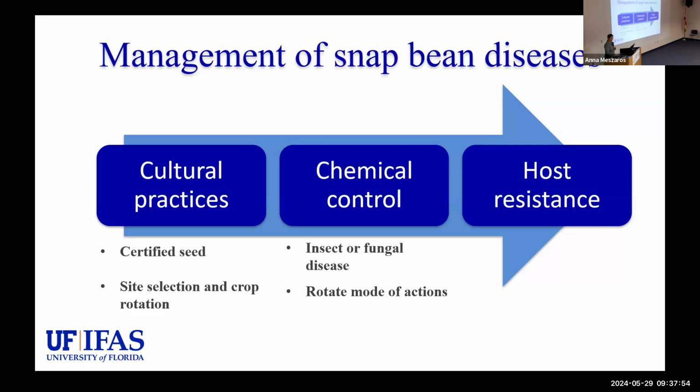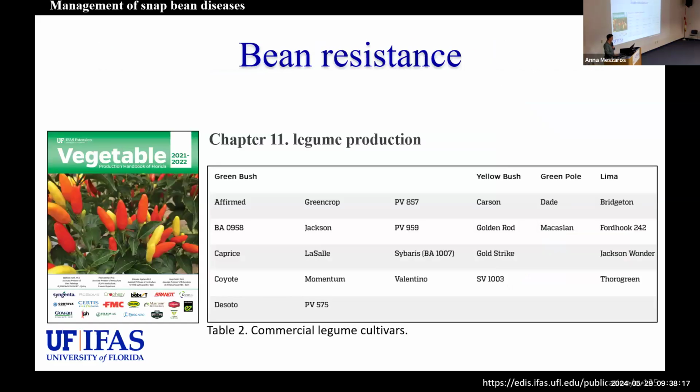In terms of chemical control for insects and for fungal diseases, it's important to rotate modes of action. It's also very important to read the label and to apply the right dosage that's recommended, because you don't want to create resistance in that fungal or pathogen population or insect population.